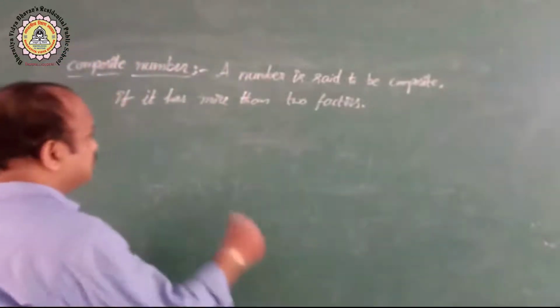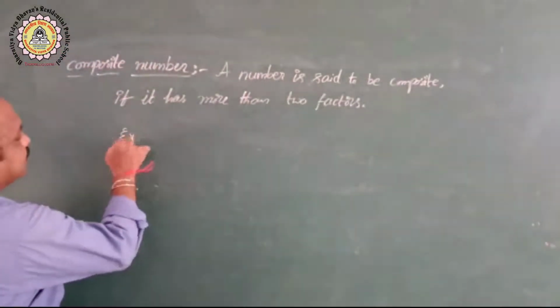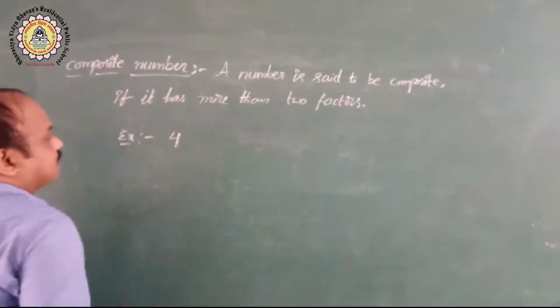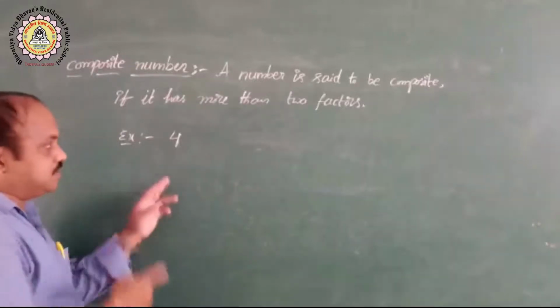Let us take one number to check that. For example, we take 4. So we have to find the factors of 4 here.